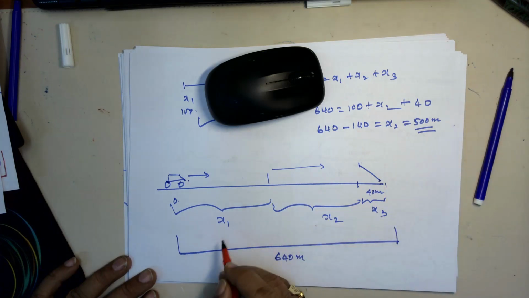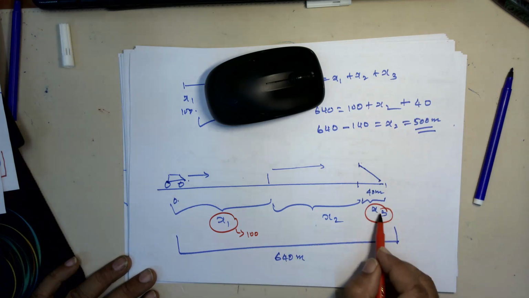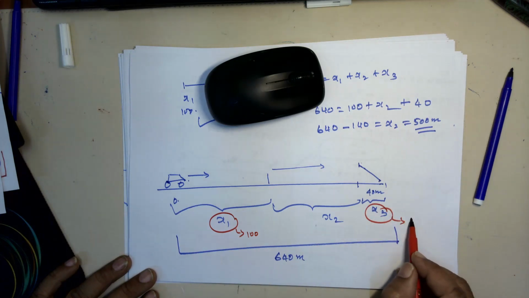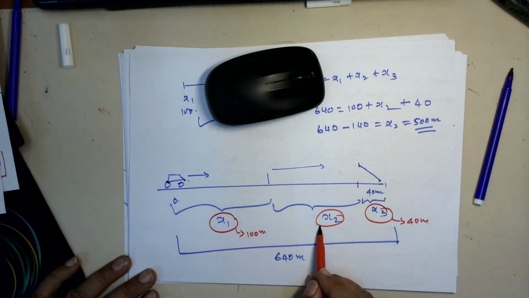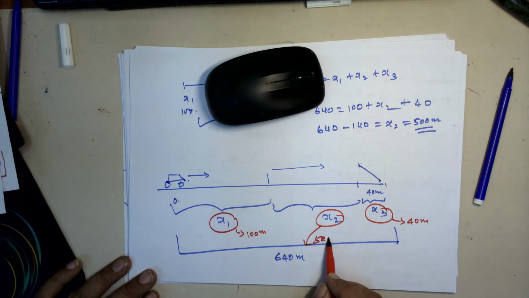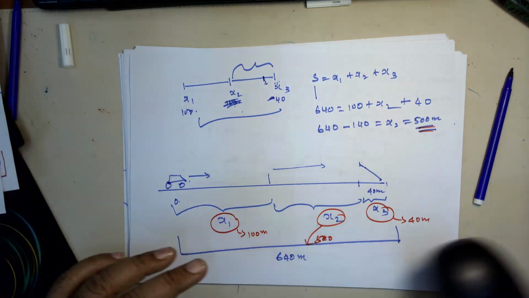So now we already calculated x1 as 100, and x3 is already given as 40, right? Now based on that, we can find out x2, which is 500. Are you able to follow? That is this one. Okay, good.